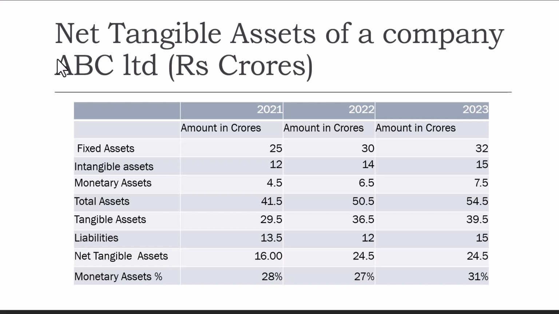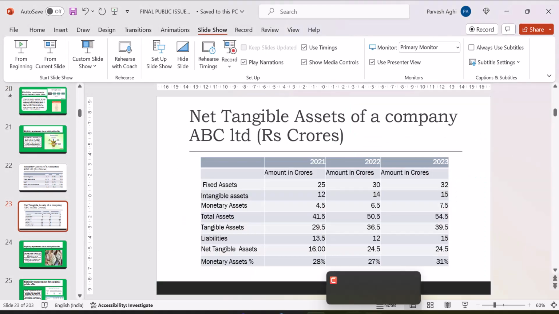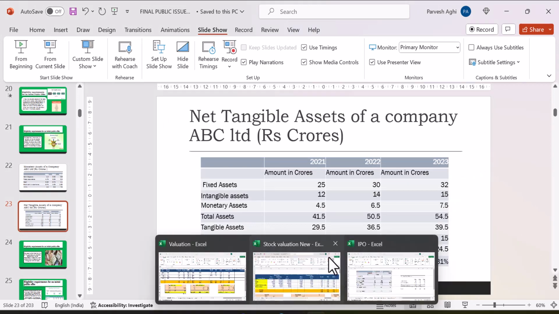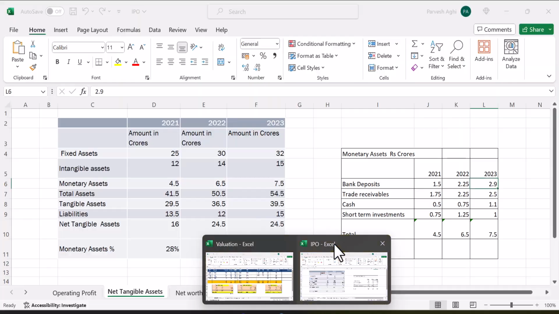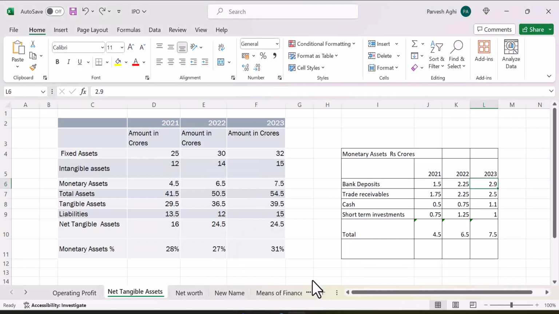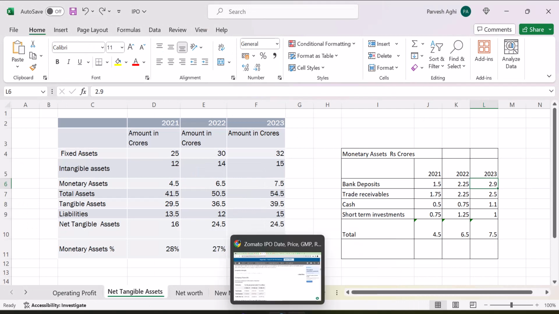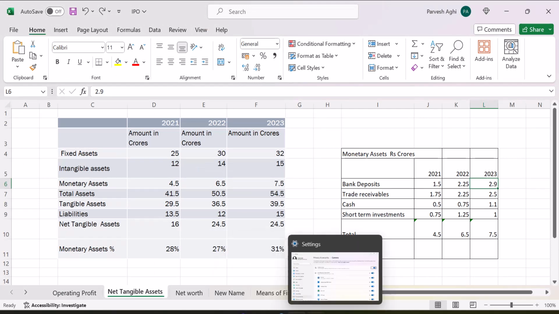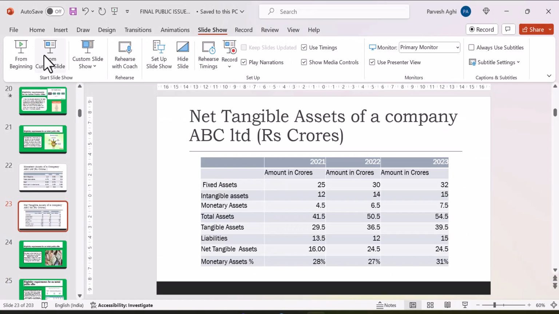So this is basically to see that the company has a certain amount of assets. What is the formula for net tangible assets? Yash or anyone, please participate.